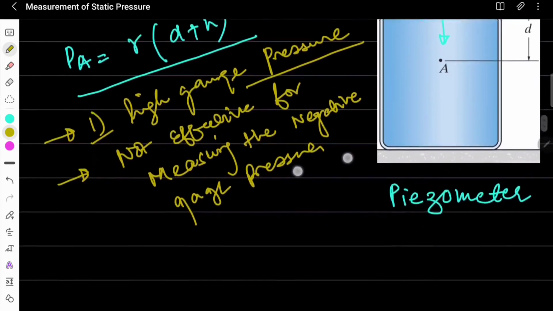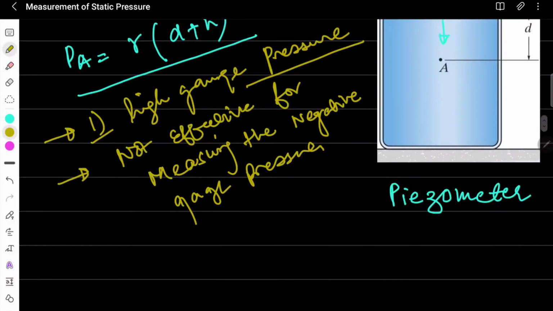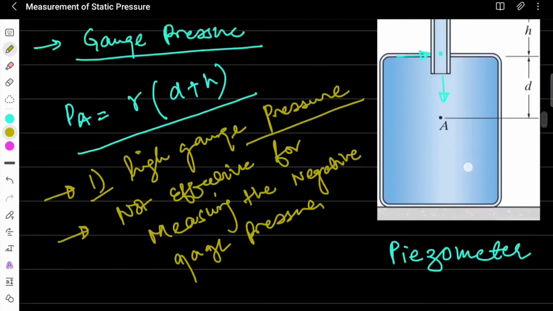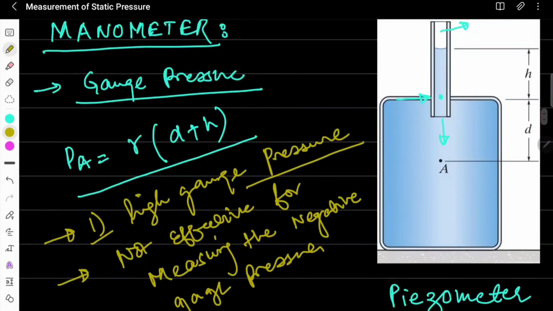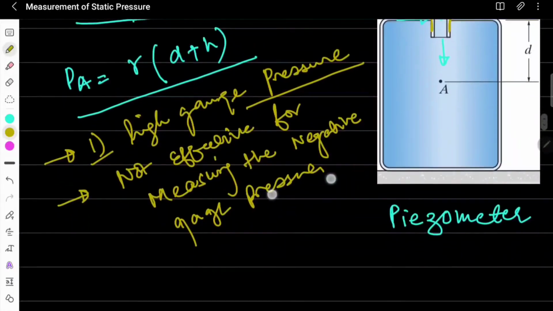Now why is it so? Because once you insert this tube in the vessel, there may be a leakage of air, maybe also at this location. So due to the negative pressure, that is very much possible.